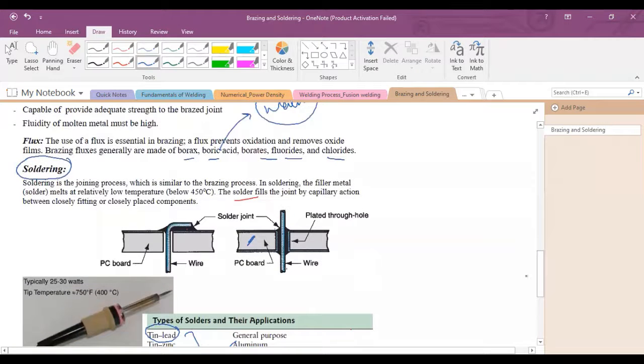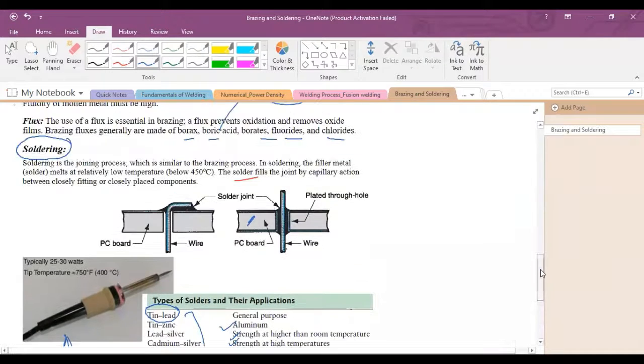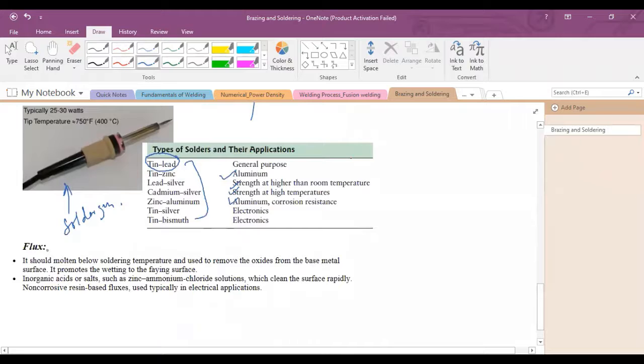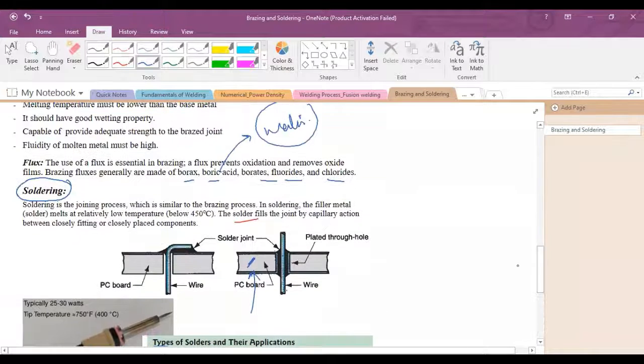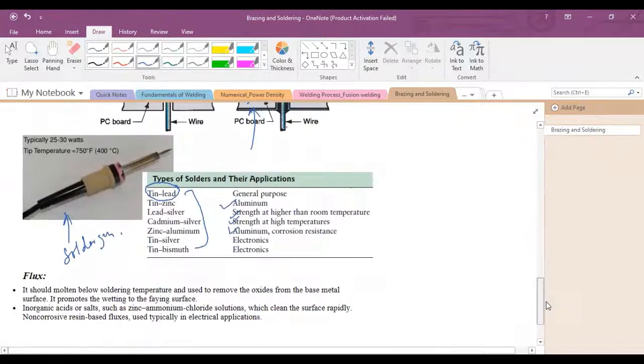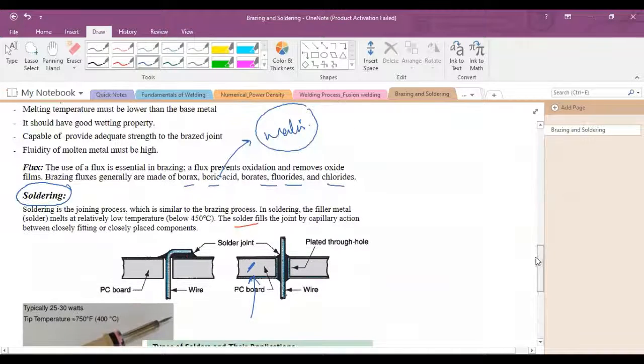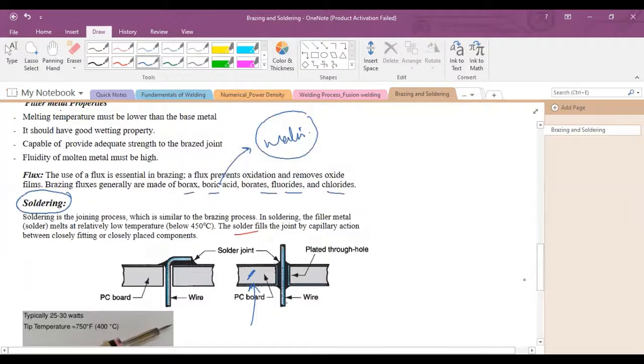If you use this flux on a PCB, which is the base material, the water used with the flux is used to clean the surface of this PCB board. Non-corrosive resin-based fluxes are also used as a flux material. As you can see, it is written here, it is used typically in electrical applications. Soldering has wide application. You can weld a step-up transformer inside the power supply with the help of the soldering process.